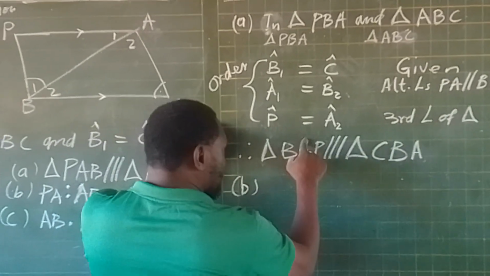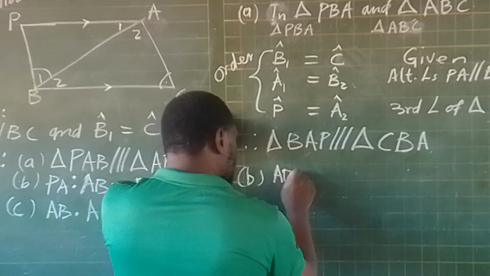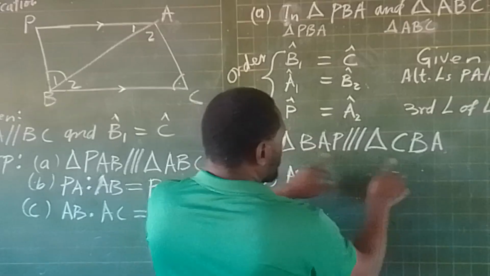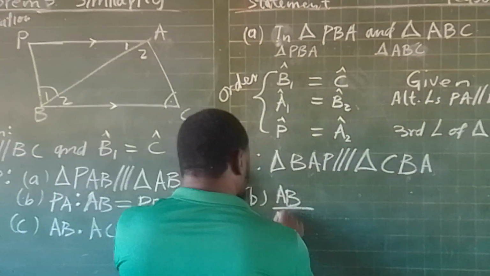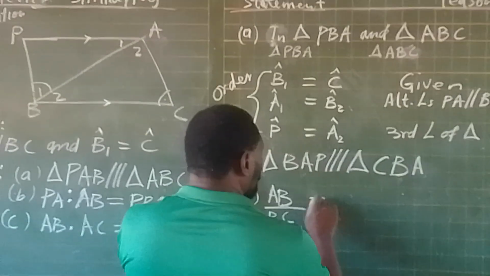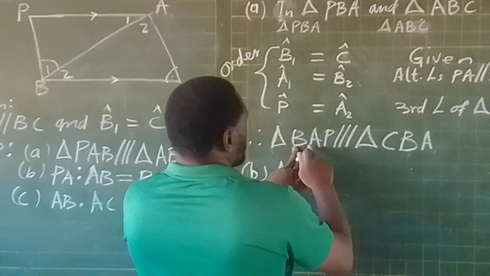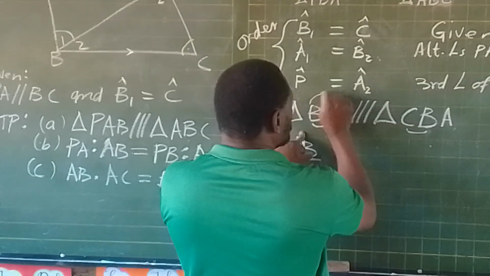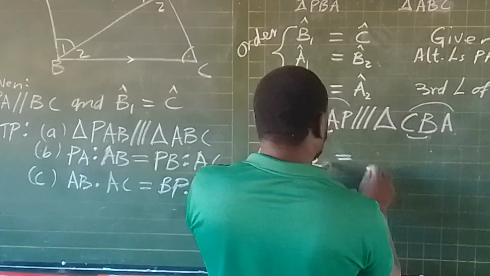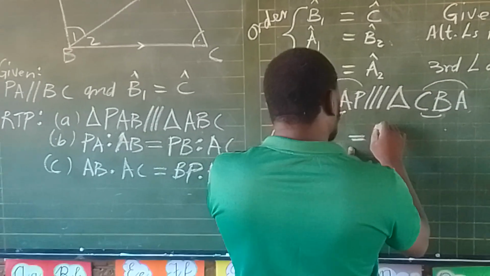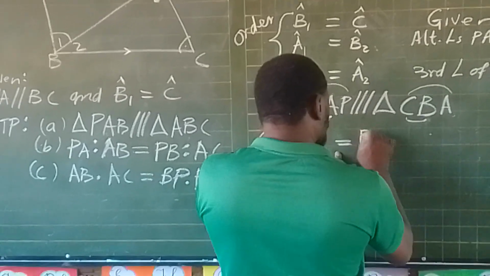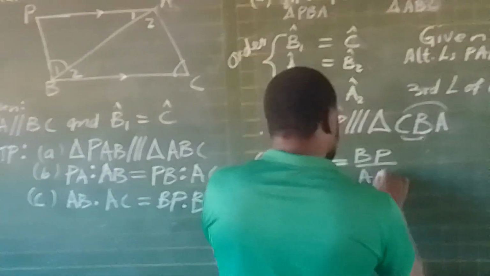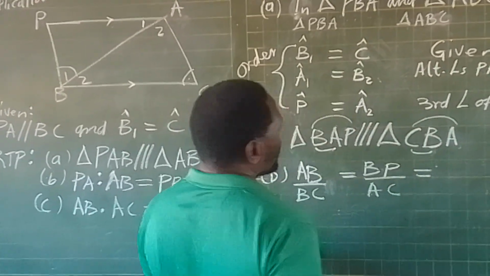So BA, you say AB over CB is equal to, you have taken this and that, now you take this and that, is equal to BP over AC is equal to, what is left?